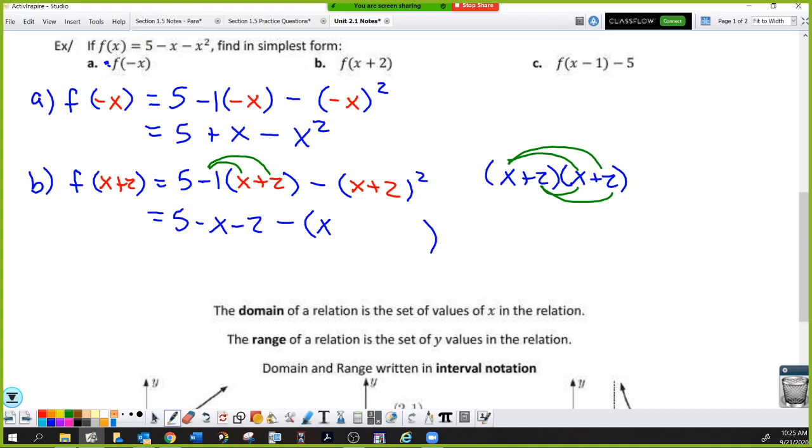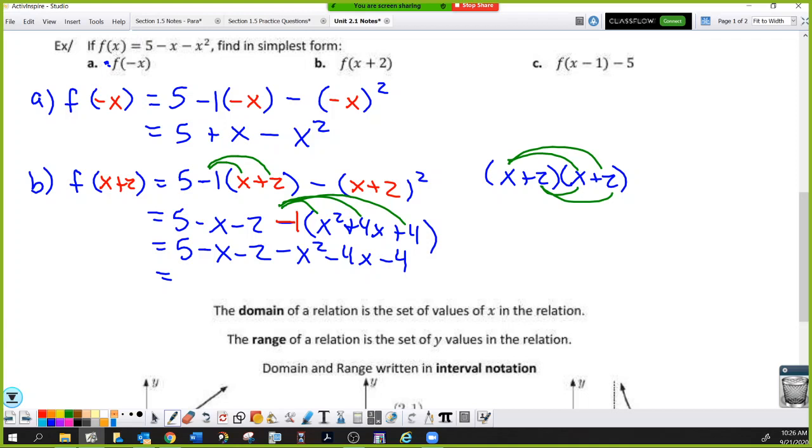This gives us x squared plus 4x plus 4. I left it in parentheses for a reason, because once again, there is a -1 sitting in front, and that -1 does need to distribute to all three objects before you're finished simplifying. So we have 5 minus x minus 2 minus x squared minus 4x minus 4, and you would just combine all your like terms.